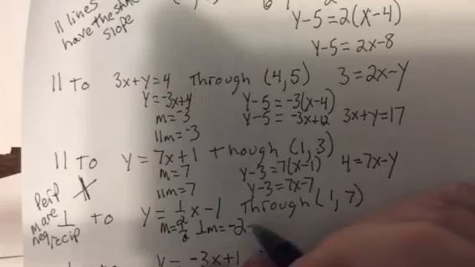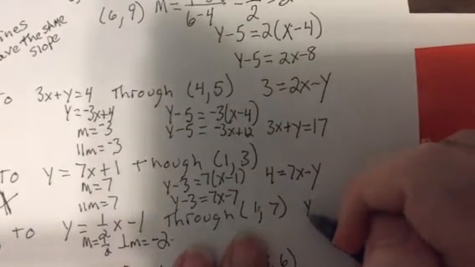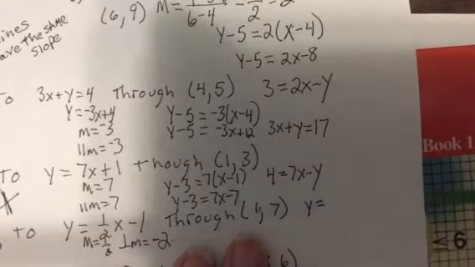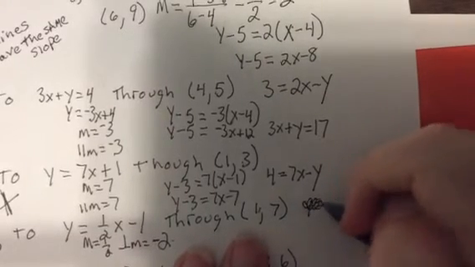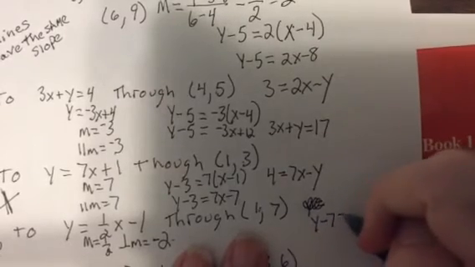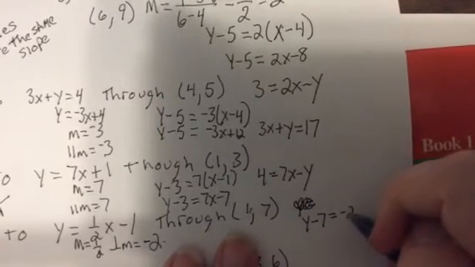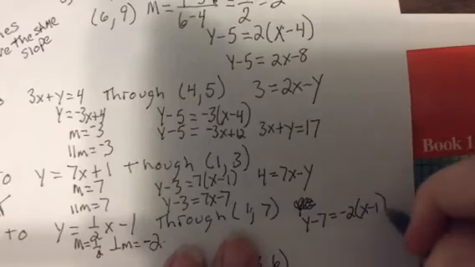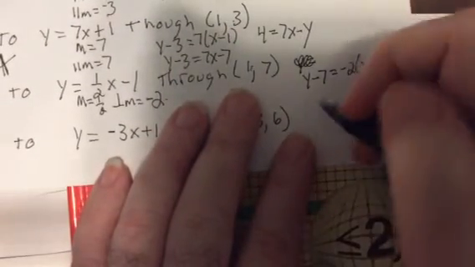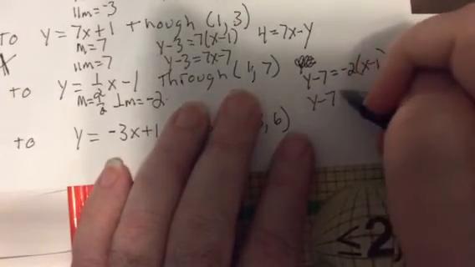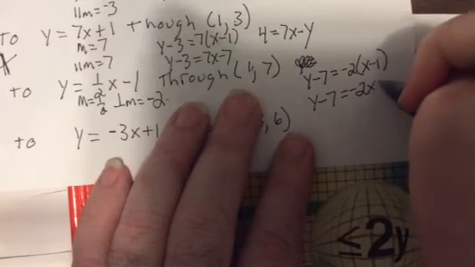Then use that and this point, so it'd be y minus 7 equals -2 times (x minus 1). So y minus 7 equals -2x plus 2.